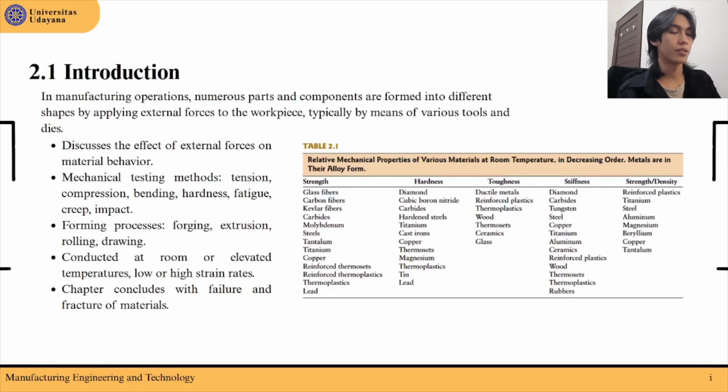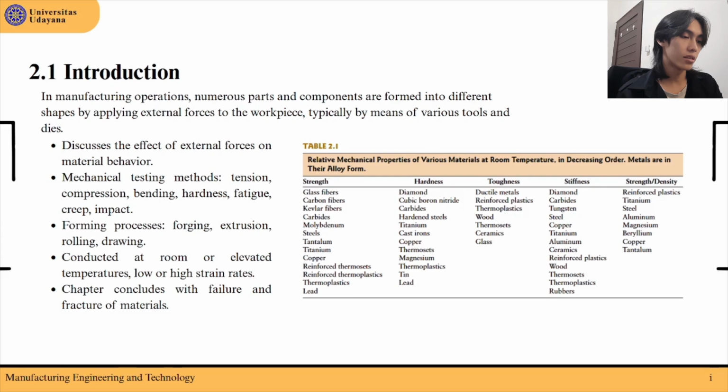Okay, in this slide we have the introduction. The introduction focuses on how material responds to external force. It introduces different mechanical testing methods such as tension, compression, bending, hardness, fatigue, creep, and impact.